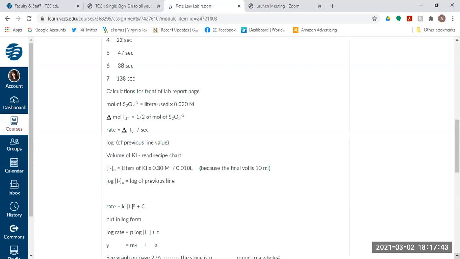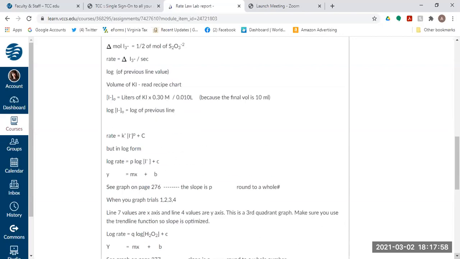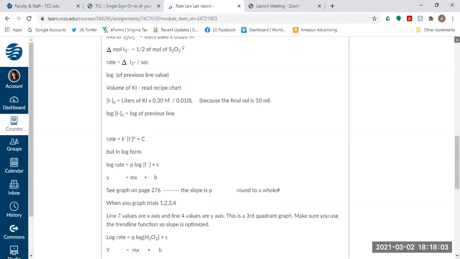So we're going to divide that value there by 0.010 because that's 10 mL in liters, and log that one. When you do all of those things, and actually I probably should have said you do basically the exact same thing for your peroxide.